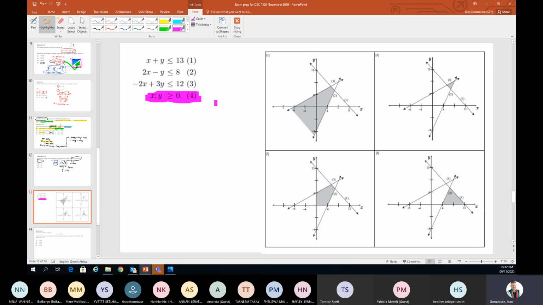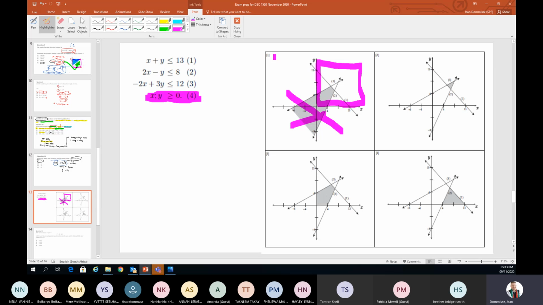Okay, so the first one that I always look at is the easiest one. So this tells me that my x must be bigger than 0 and my y needs to be bigger than 0. So my answer must lie in this area. So this one automatically is not an option because here my x is smaller than 0, here my y is smaller.